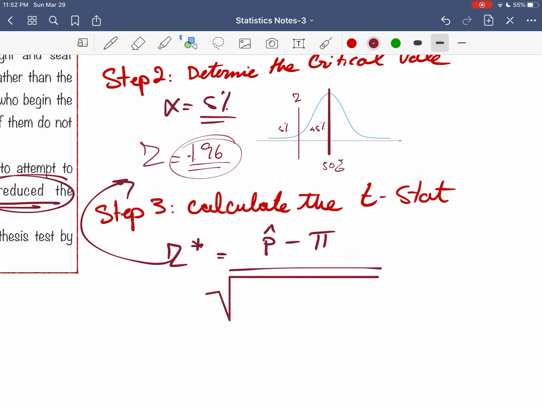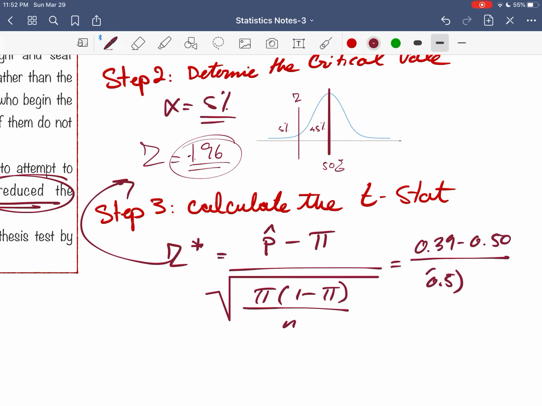And again, I'm using my own notation, but I'm hopefully explaining it well enough that it should have no issues for you comparing it to the book. So 0.39 minus 0.50 divided by the square root of 50% times 50% over 300, just like that.